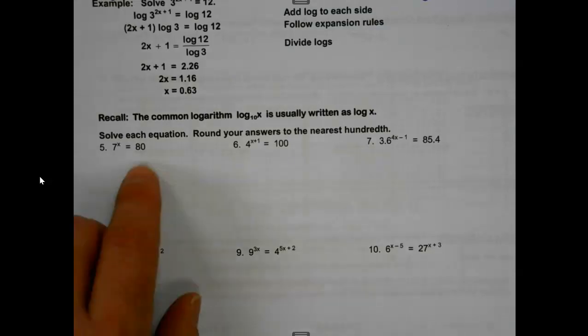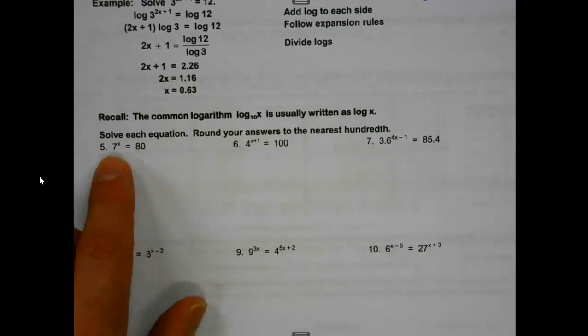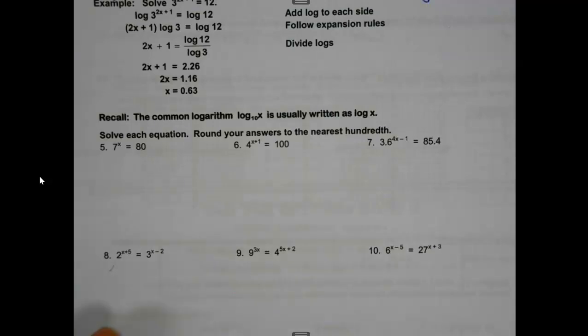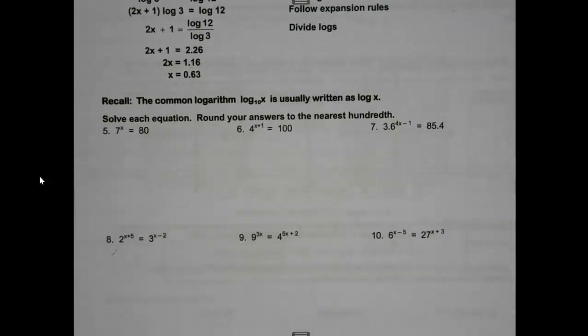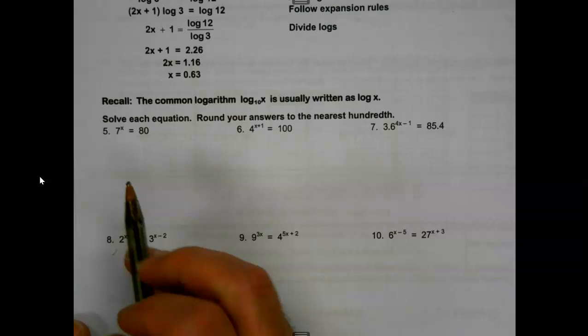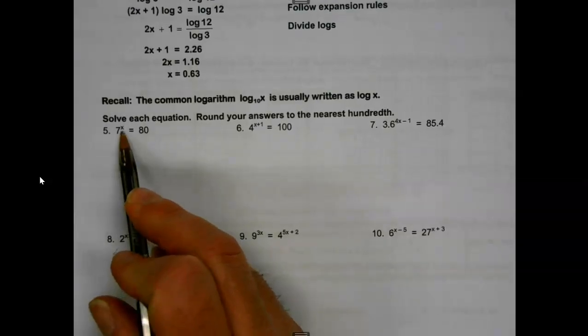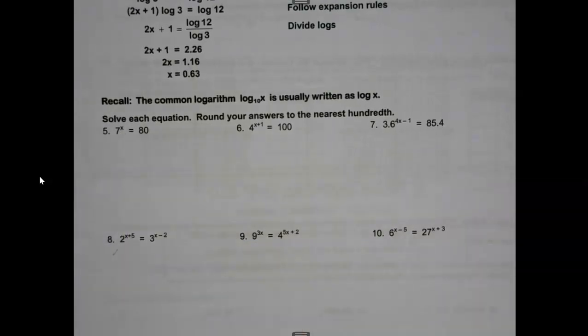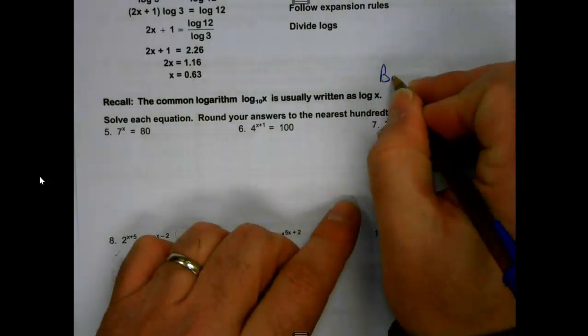So I look here and I'm like, okay, Hardy, I don't see logs anywhere. So what do we do? We're looking totally to the side where that x exponent is. That's what we've got to deal with. And so, quick reminder, we'll just jot it up here.